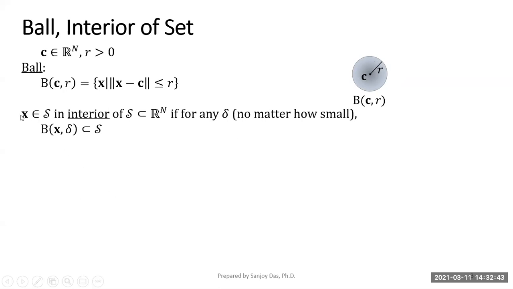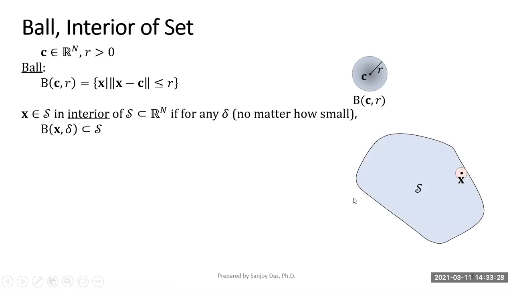Now, if X is an element of any set S, where S is some subset of an n-dimensional Euclidean space, then it is in the interior of S if, for any delta, no matter how small, a ball centered around X with this tiny radius delta will always belong to the set S. Then X is said to be in the interior of S.